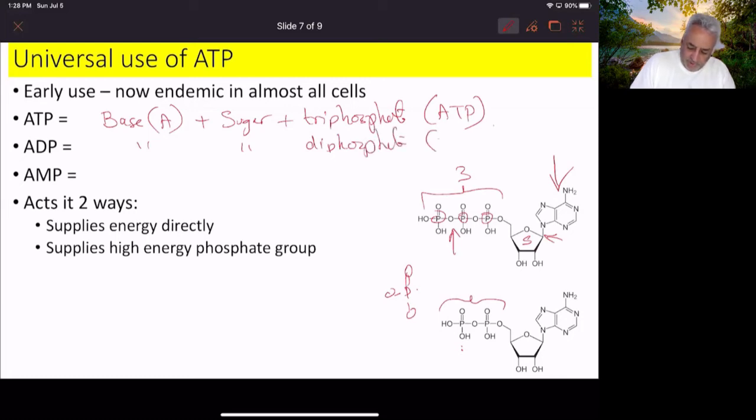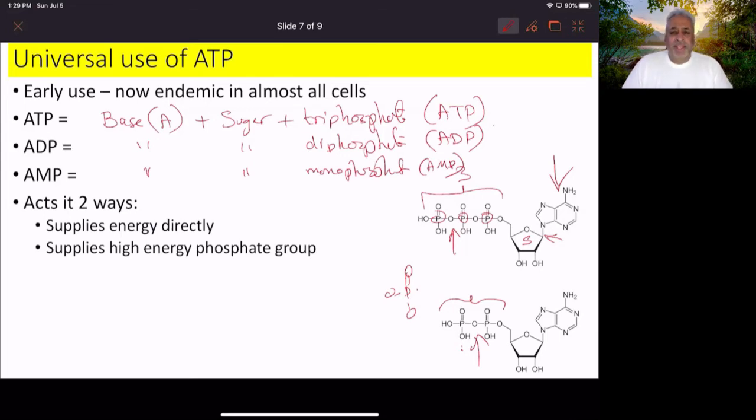Right? So there's going to be ADP. And of course, this bond here can also be broken. And once you break that bond, then you have just 1 phosphate left attached to the sugar, and that's going to be your monophosphate, or AMP. Okay?